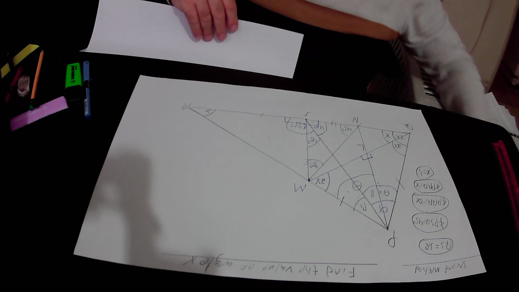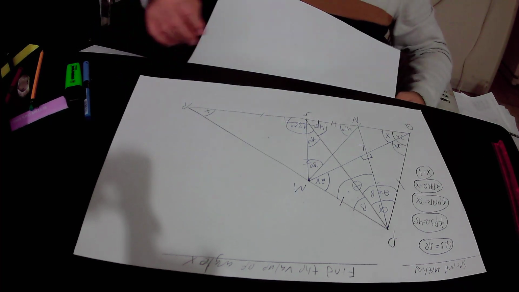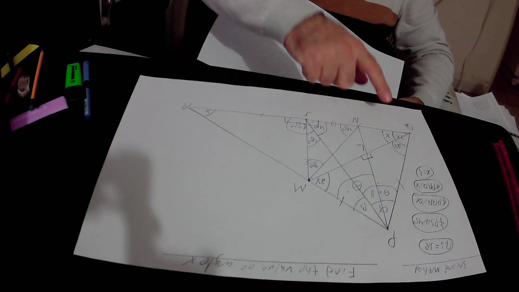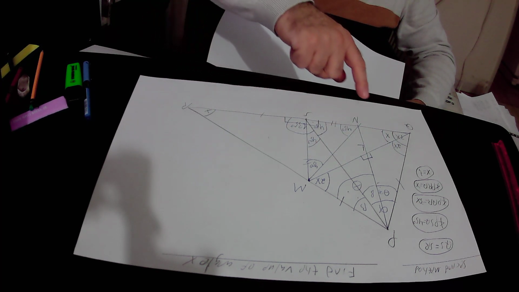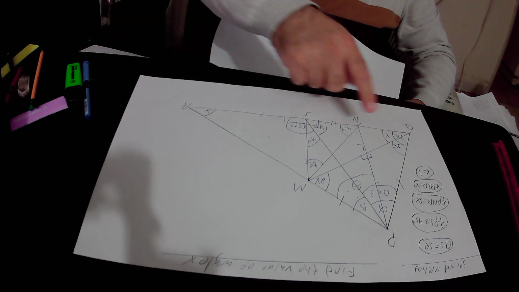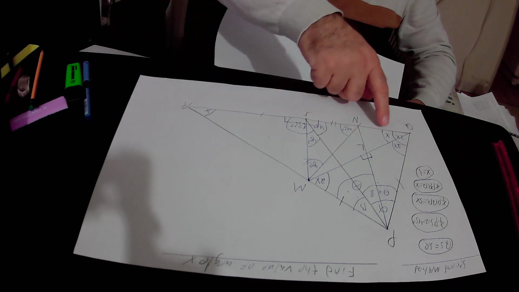Then we made a construction from point Q. We draw a straight line to side PR in such a way that this angle will be equal to x, that is to say angle MQR will be equal to x.